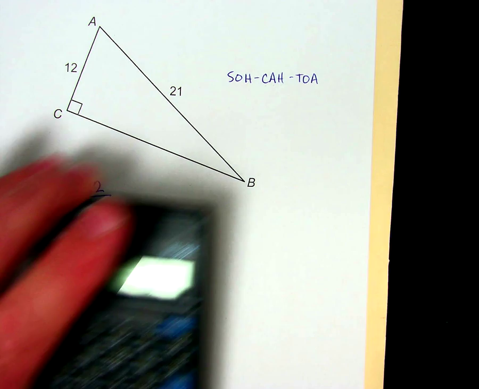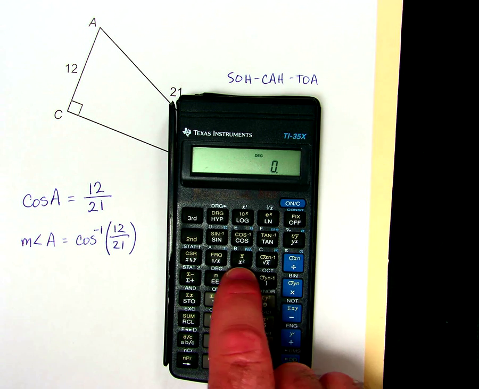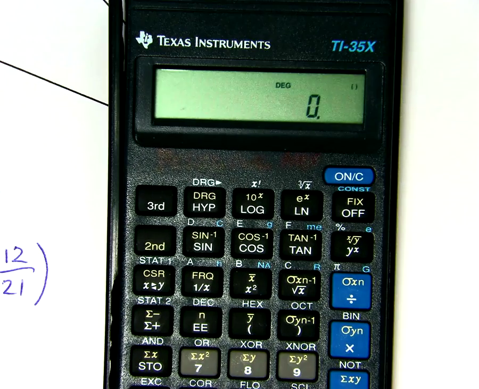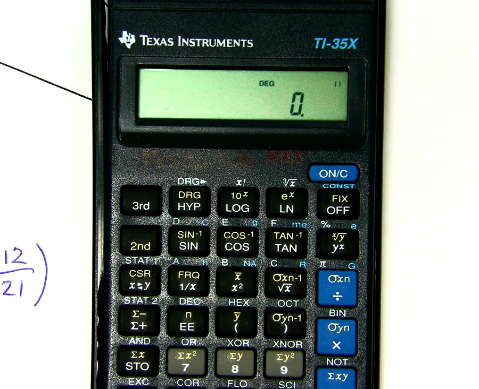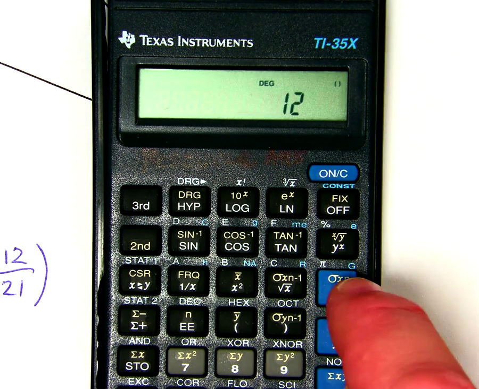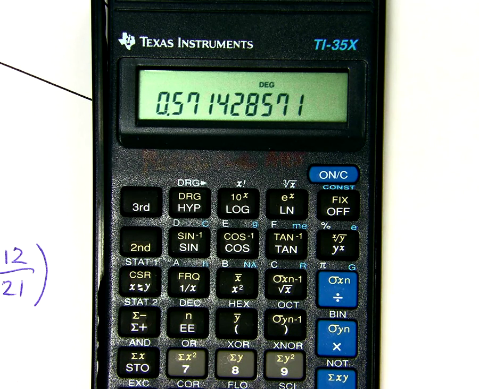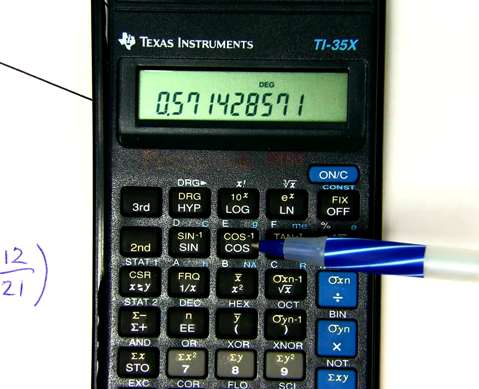If I have a calculator that does not show me the order of operations, I'm going to put 12 divided by 21 in parentheses. Notice how I hit the left parenthesis key. Zoom in on that a little bit. And on this calculator, when I do that, the little parentheses show up in the screen. I'm going to do 12 divided by 21, hit the right parenthesis key, and now, if you notice above the cosine key is a little notation that looks like inverse cosine.